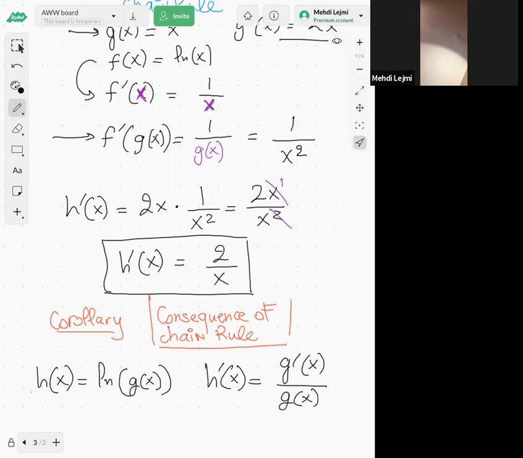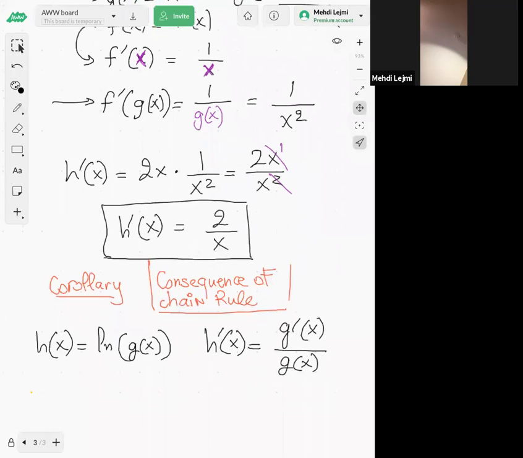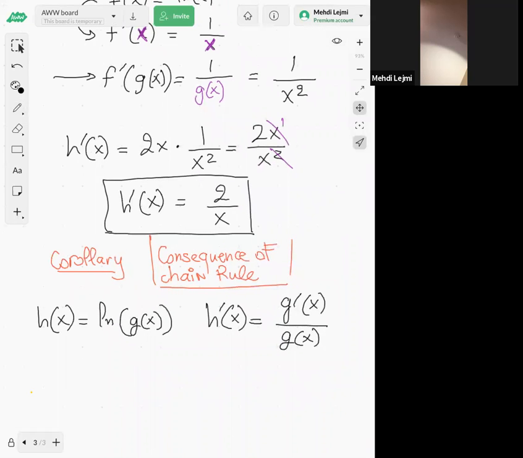So this is like f of g: my f would be the natural log of x, and the inner function is g of x.